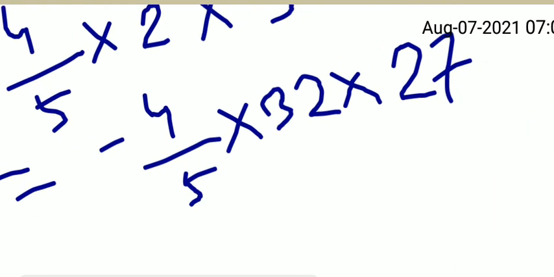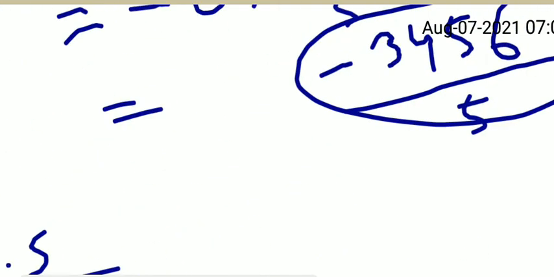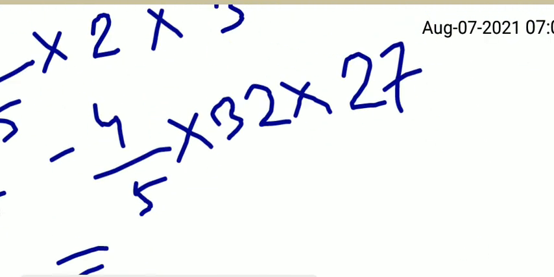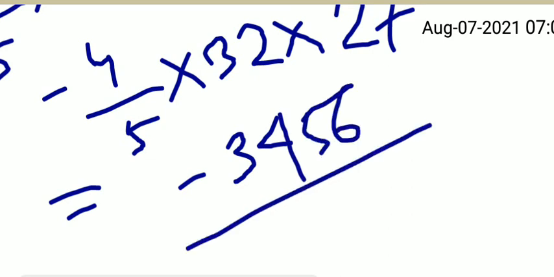If you multiply the upper side, minus 4 into 32 into 27, the result comes out the same as this one, 3456. This minus sign is there, so it will be minus 3456 by 5.